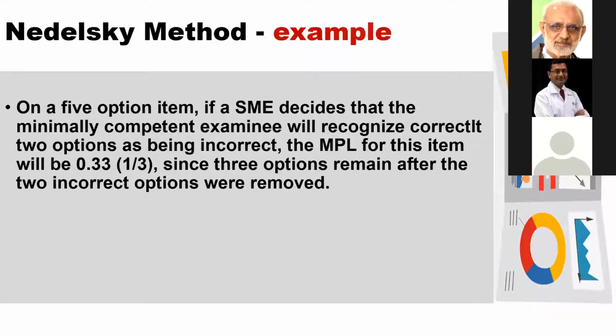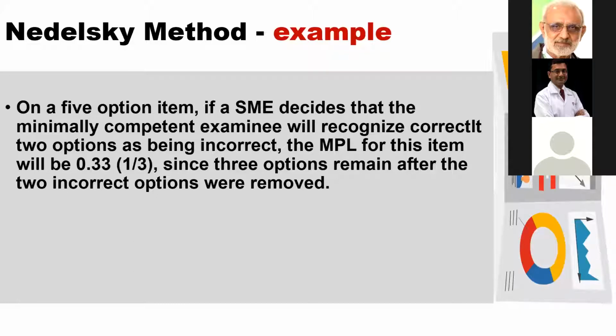For example, on a 5-option item, if a SME decides that the minimally competent examinee will recognize correctly 2 options as being incorrect, the minimal pass level of this item will be 1/3, since 3 options remain after the 2 incorrect options were removed. That is, out of 5 options, the SME thinks that the student will be able to identify correctly 2 distractors.